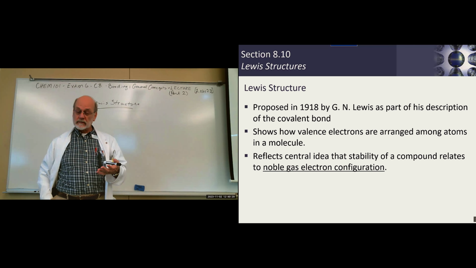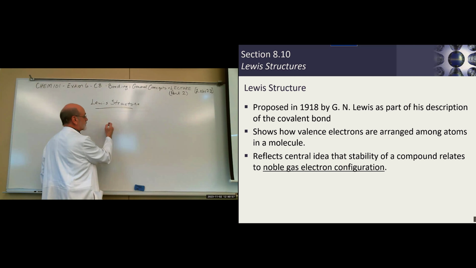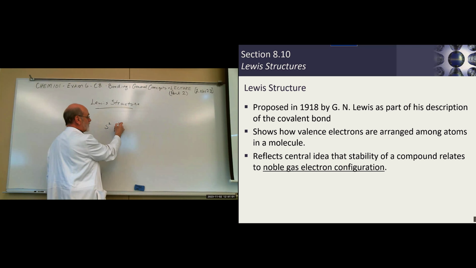We're only talking about s orbitals and p orbitals. Remember, when you have an s orbital, you can have a maximum of 2 electrons in it. And if you have a p orbital, you can have a maximum of 6. So that's where we get the octet. So the Lewis structures are based upon the octet concept.